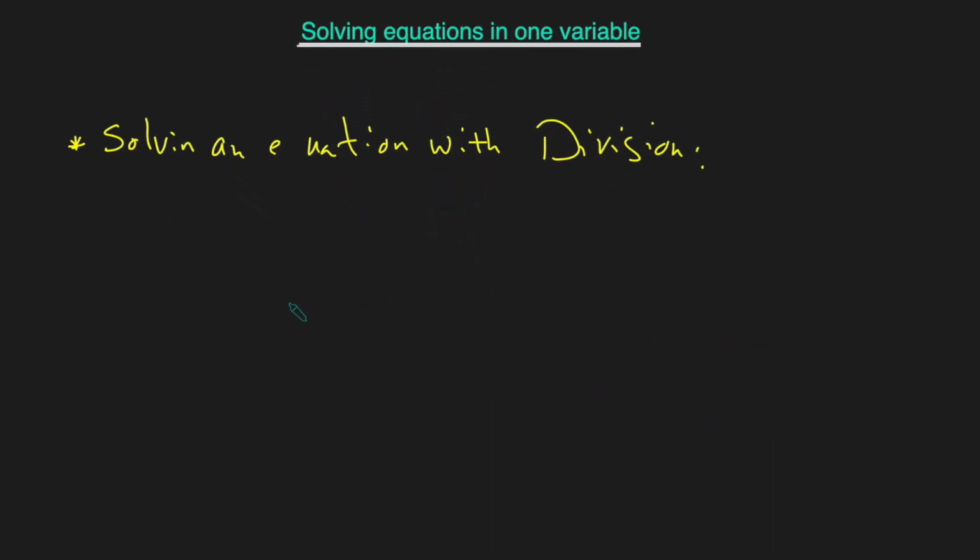Let's now work on a division example. Let's say I have 4x equals 8. Now I need to solve for x, so I need to get rid of the 4. To get rid of the 4, I will need to divide this side by 4.